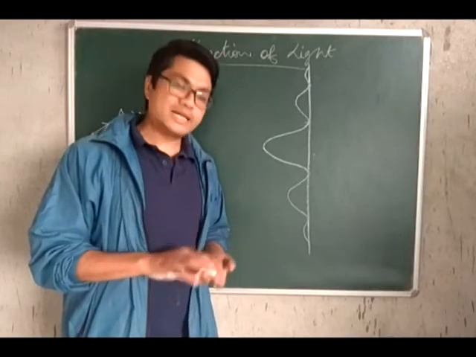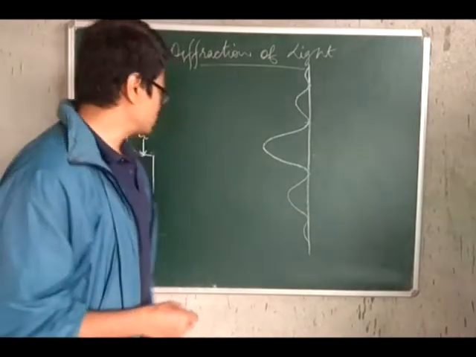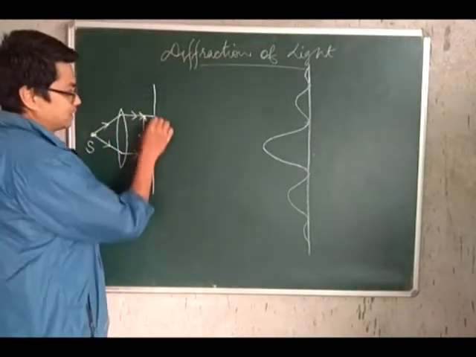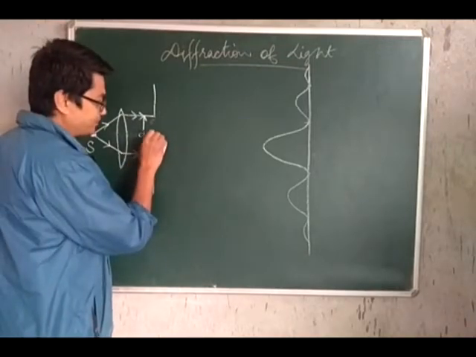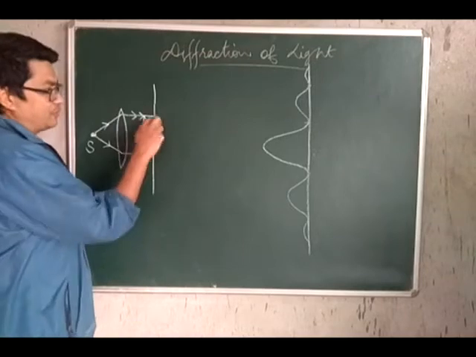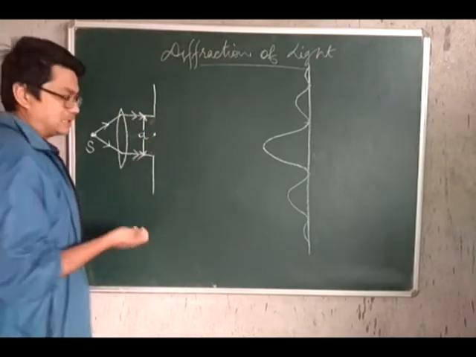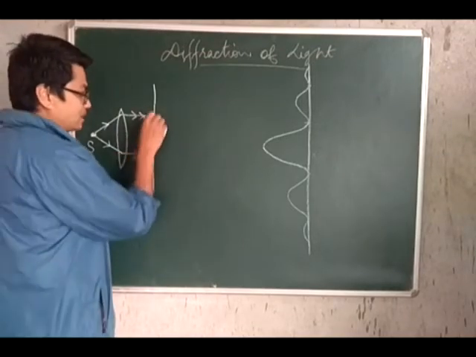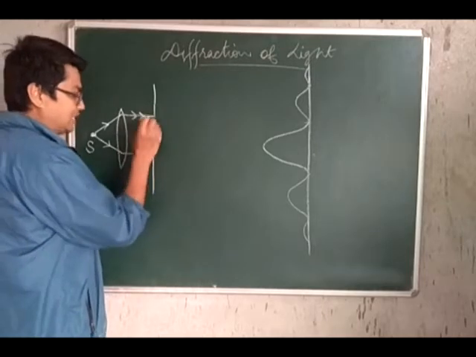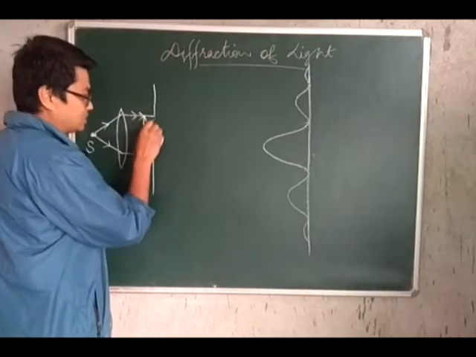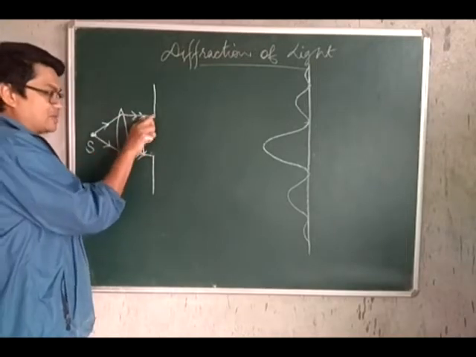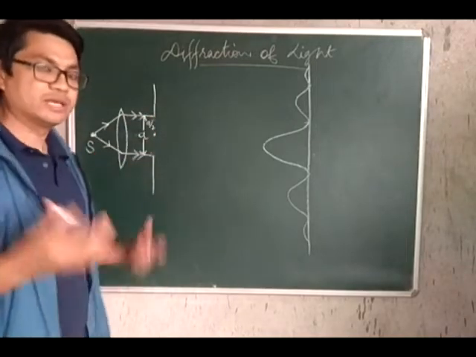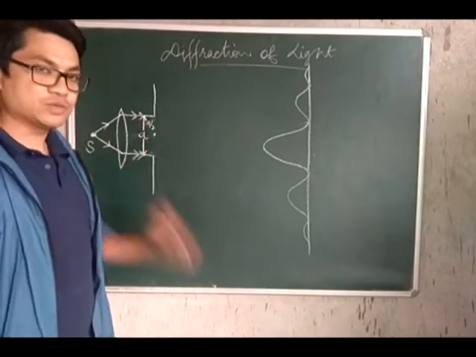In order to understand how we get the first dark fringe, we consider this single slit to be made up of two halves, as if these are two different slits, although it's not, remember, such that the width of each half is now a by 2. The whole slit has width a, so this half has a by 2, and the lower half obviously will also have width a by 2.